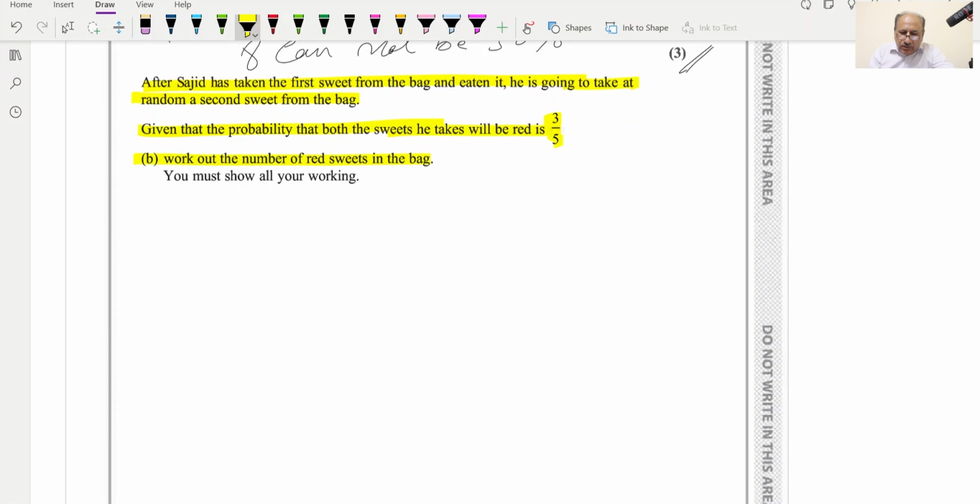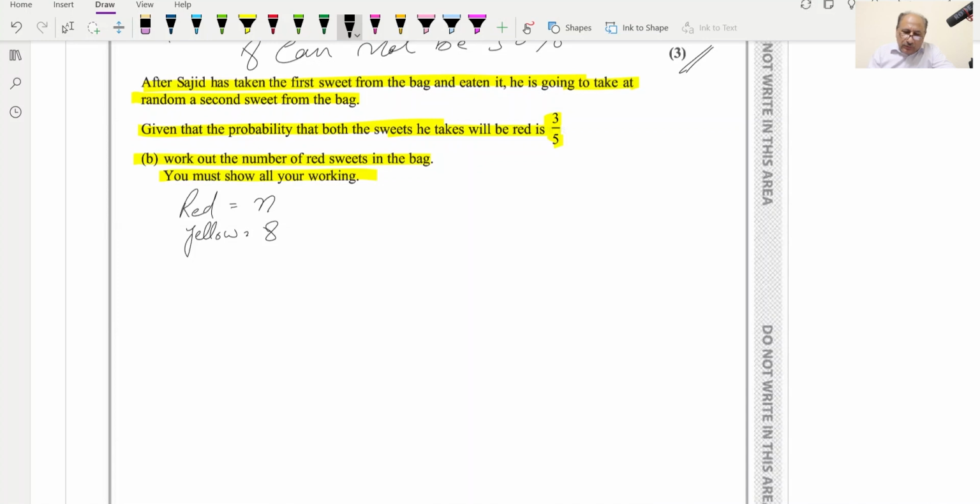Work out the number of red sweets in the bag. You must show all your working. So working we are showing for each and every question. So say there are red sweets, and yellow sweets are how many? 8 yellow sweets. This is equal to 8.